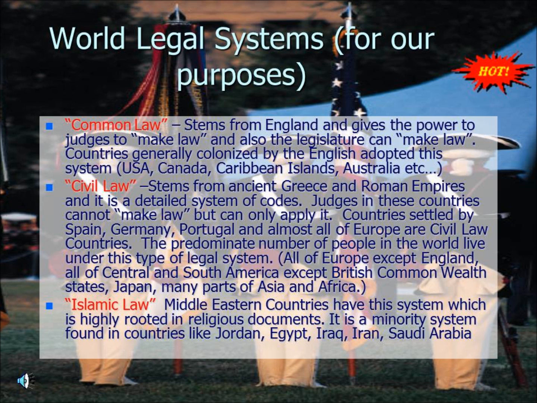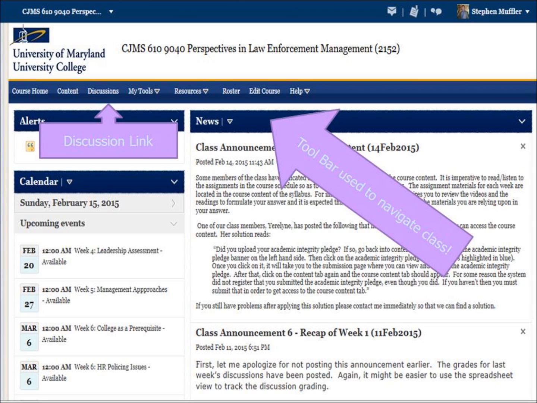Now, our discussion board is found under our discussion link, and here's a little view of our typical classroom, the toolbar, and then you'll see the discussion link itself. And you'll see that each of our boards has a new activity, and basically you are to find a case on point with this week's readings or materials that is relatively recent, within the last, let's say, 5 years.